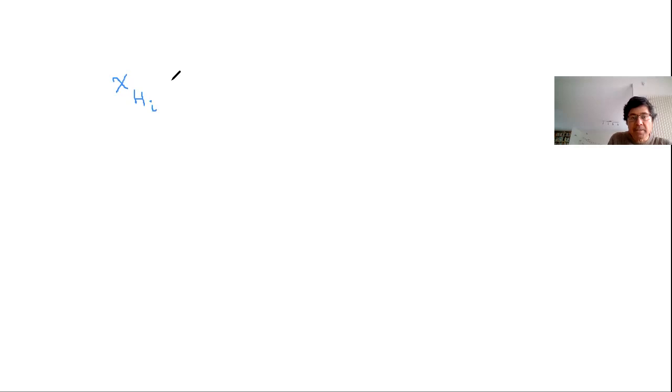So H_i is the ith such copy, and chi_{H_i} is the indicator that the ith copy of H appears as a subgraph within G(n,p). So it's contained within this random graph.